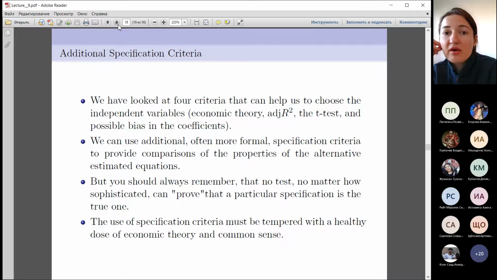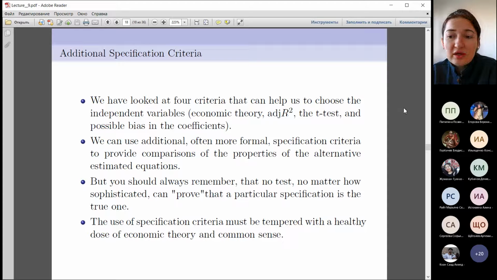For example, for male and for female, the relationship will be different. And we discussed how to interpret such variables, and also how we can implement them in our models. But please remember about this also.